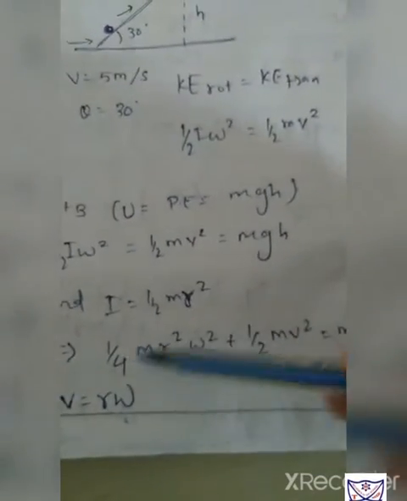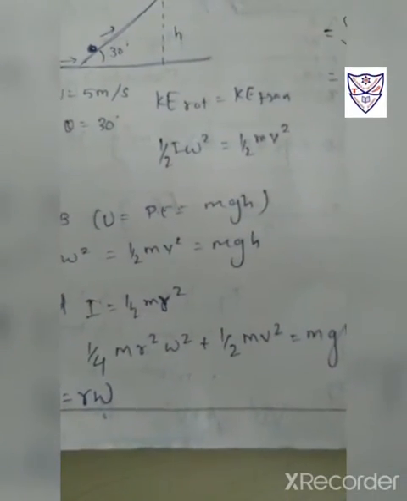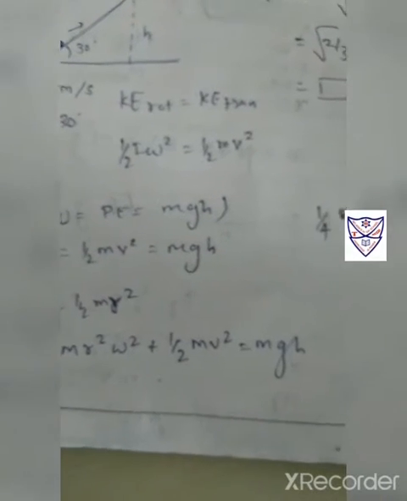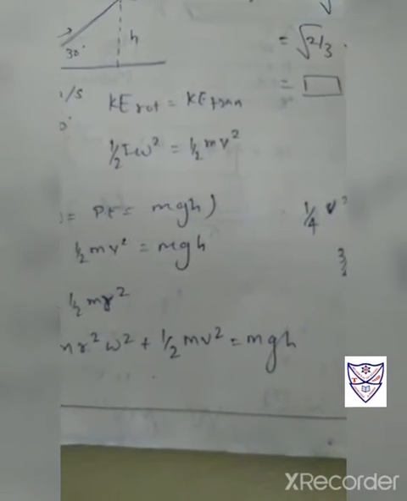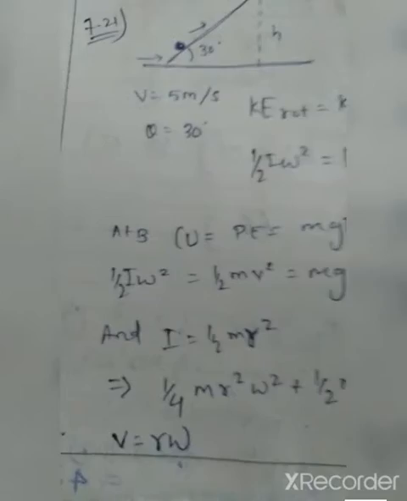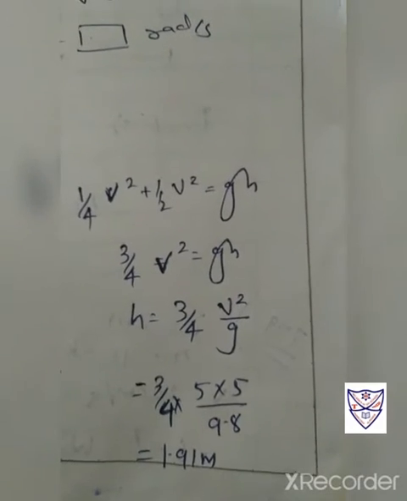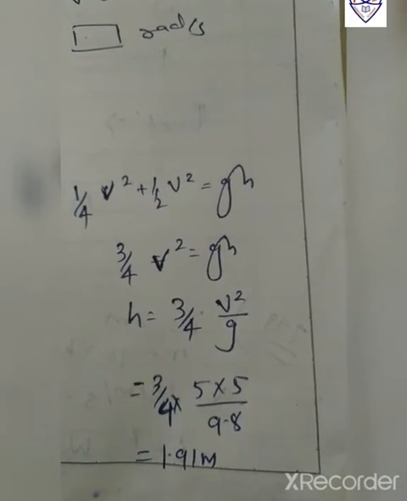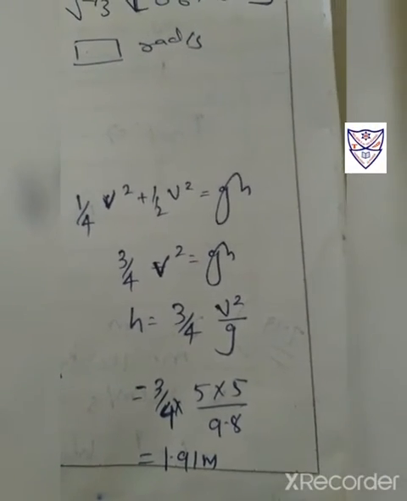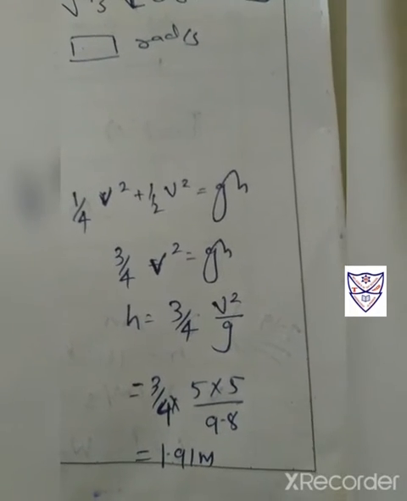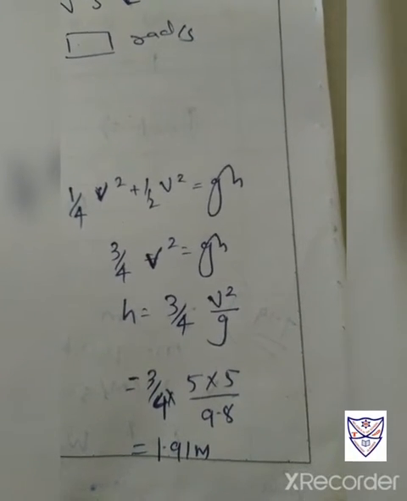So I will get 1 upon 4 mr square omega square plus half mv square is equal to mgh. With v equal to r omega, this gives half v square plus half v square is equal to gh, so that is 3 by 4 v square equal to gh.